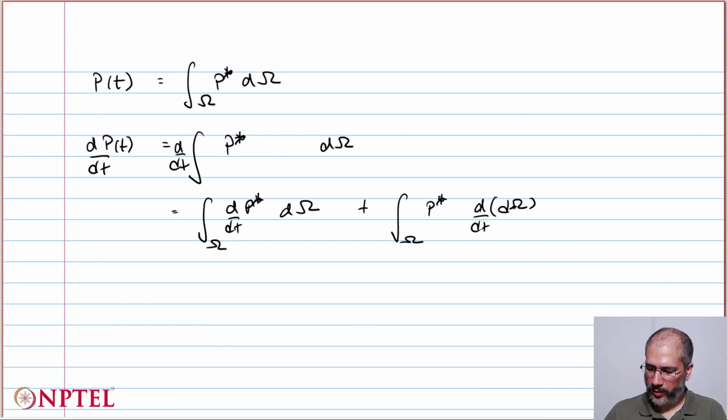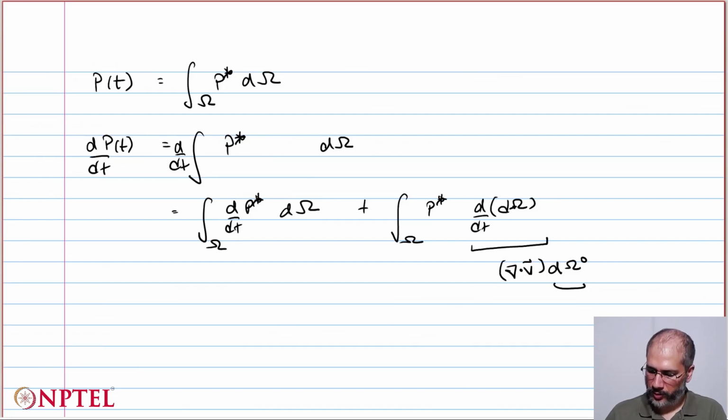And if you recall from the last lecture, this material derivative of the volume element was expressed as the Jacobian times the divergence of velocity times d omega naught. And this J times d omega naught is basically d omega.